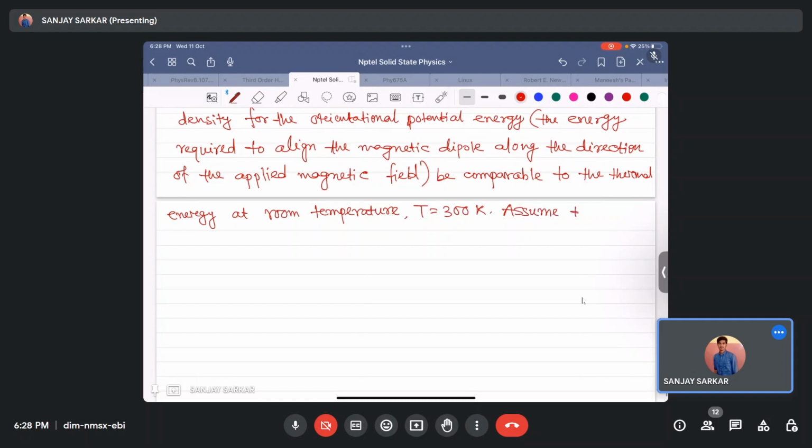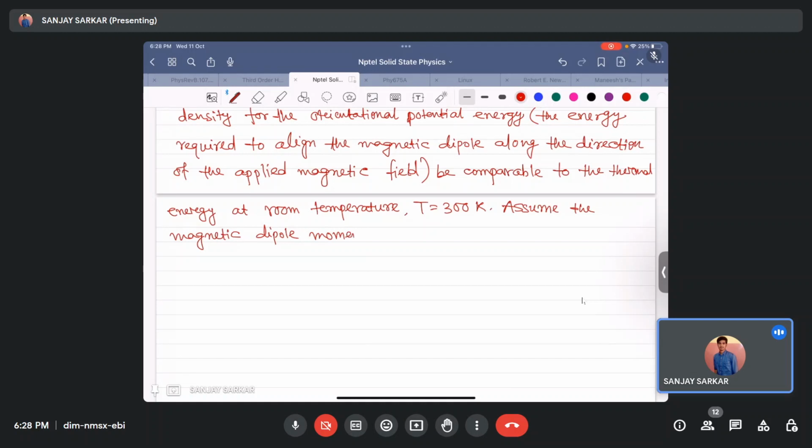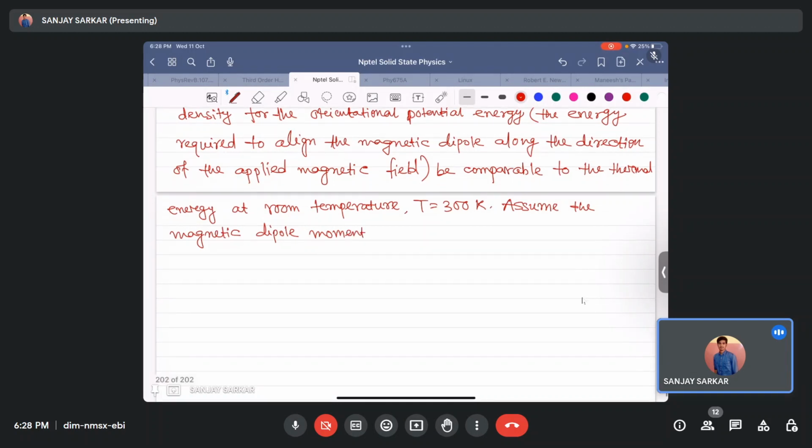Assume the dipole moment of a magnetic dipole to be 2 mu B.